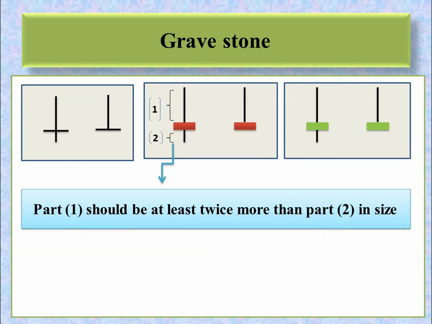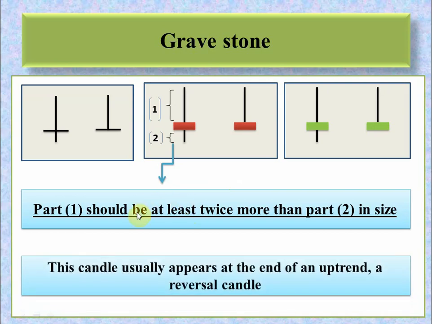It is dragonfly, which we talk about in the next future videos. So you should be careful and notice that part 1 should be more than part 2 in size.